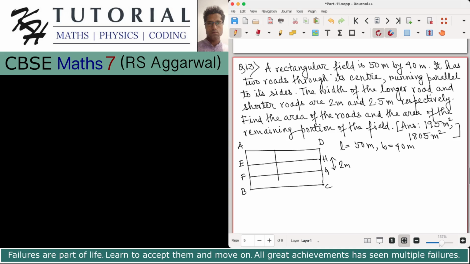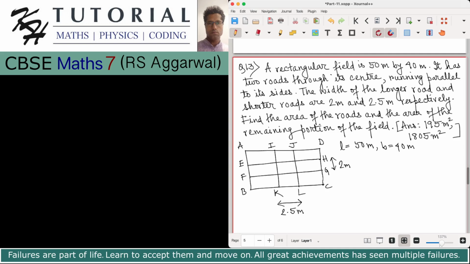Okay, so let this be the road running parallel to the breadth. Let this road be IJKL. The width of this road is 2.5 meter.